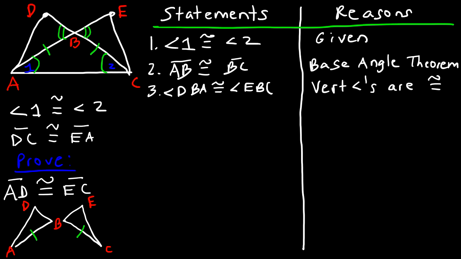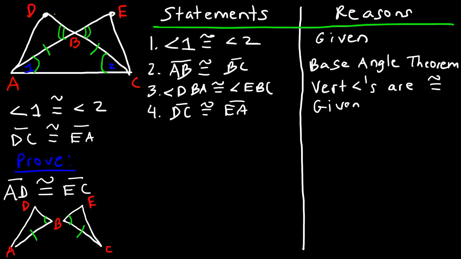So let's mark that. So these angles are congruent. And now we just need one more piece of information. So let's use the fact that DC is congruent to EA. And that's given. So here is DC and here is EA. So they're congruent, and we know that BA is congruent to BC.